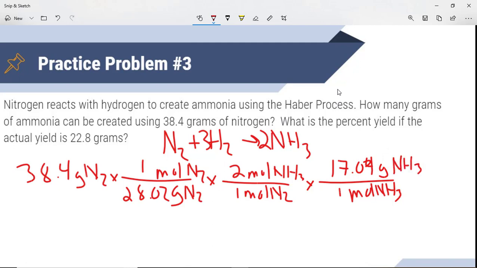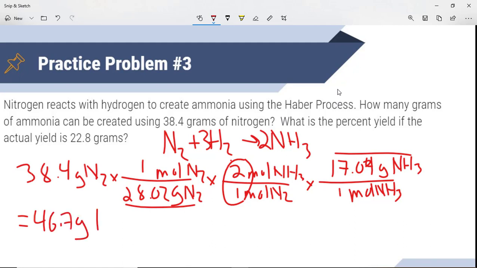And then again, we just plug in our numbers and solve. Remember, we get our molar masses here and here from the periodic table, and these numbers here come from your mole ratio. So let's do our math and get how many grams we should get. So what we should end up with is 46.7 grams of NH3.